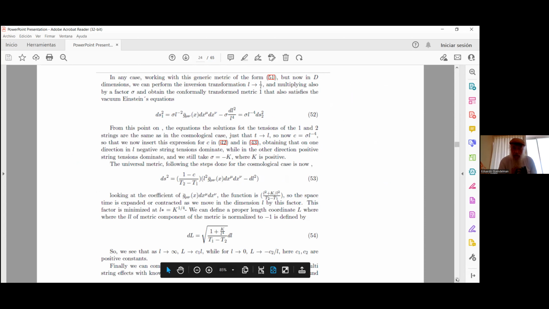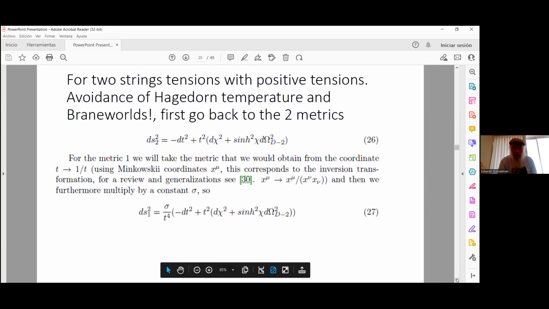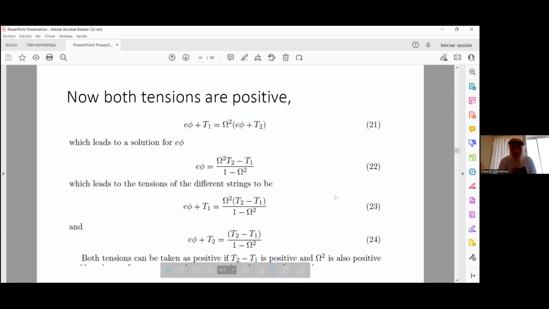But we have little time. We do the case where the two metrics are related by a constant omega square that is positive, and these are the equations that relate the two tensions. This is the one tension and this is the other tension, and you can solve.